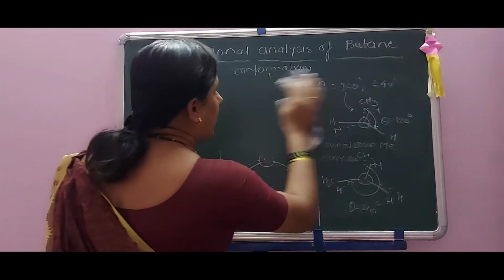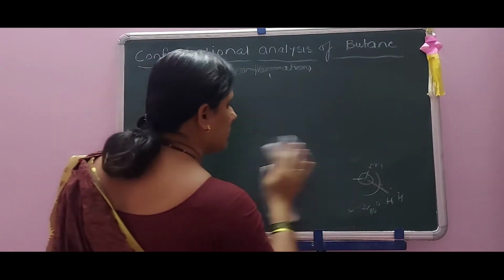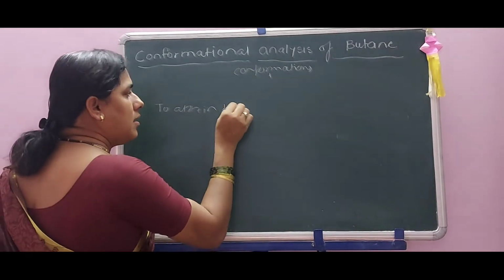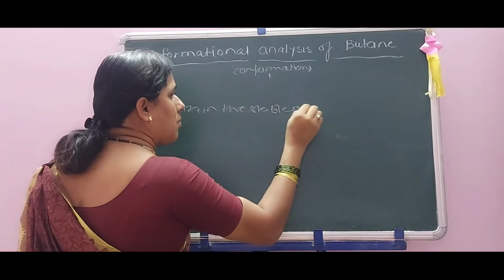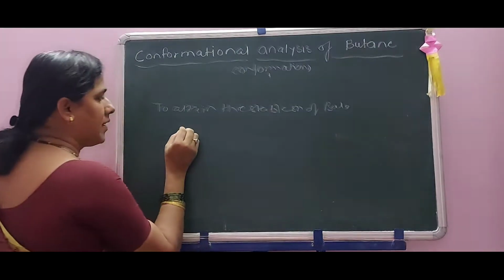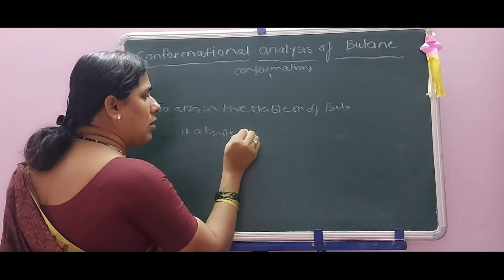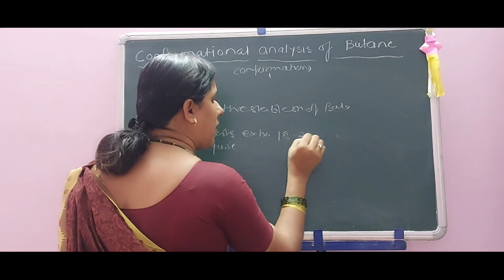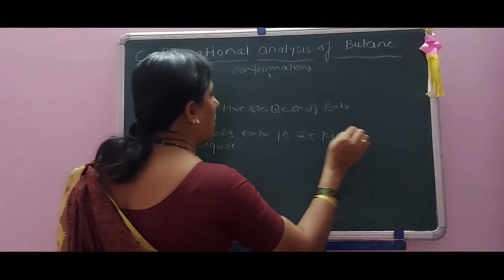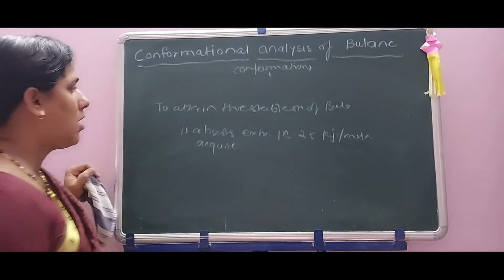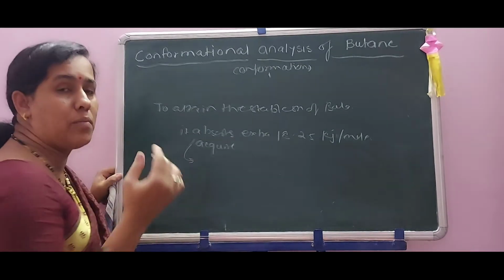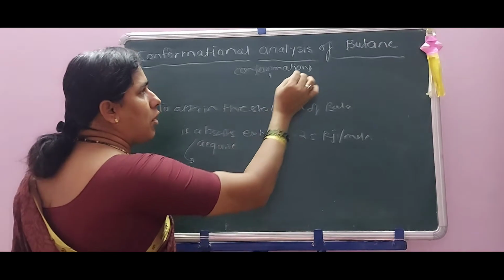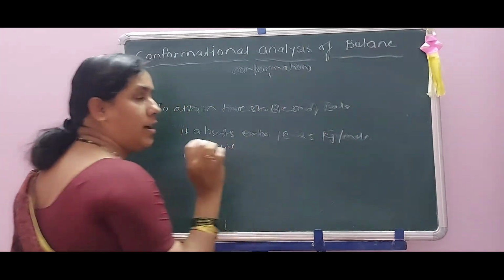To attain the stable structure of butane, it absorbs or acquires extra 18 to 25 kilojoule per mole of energy to get stabilized, or the atoms of the butane try to strike the walls of the container in order to achieve the stable conformation structure for butane.